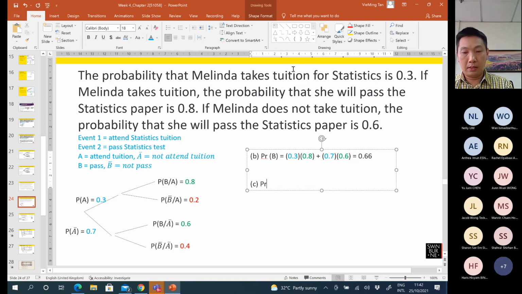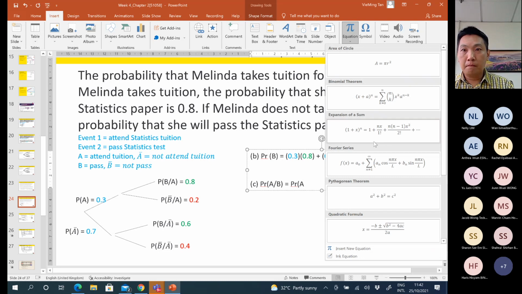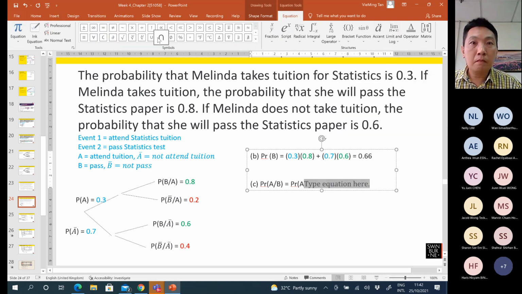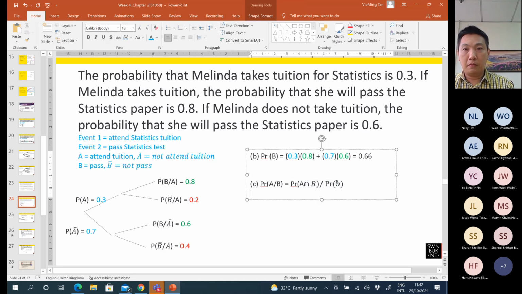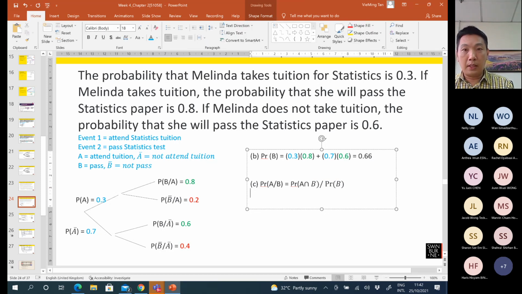P just now is A given B. Okay, so let us try to insert, or just put the symbol or the figure for each variable. Okay, A intersect B. Where can we get the information?